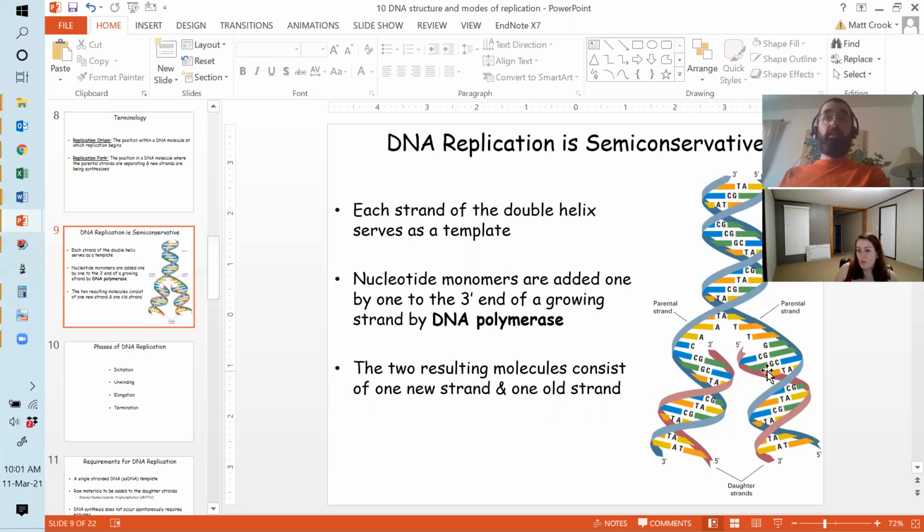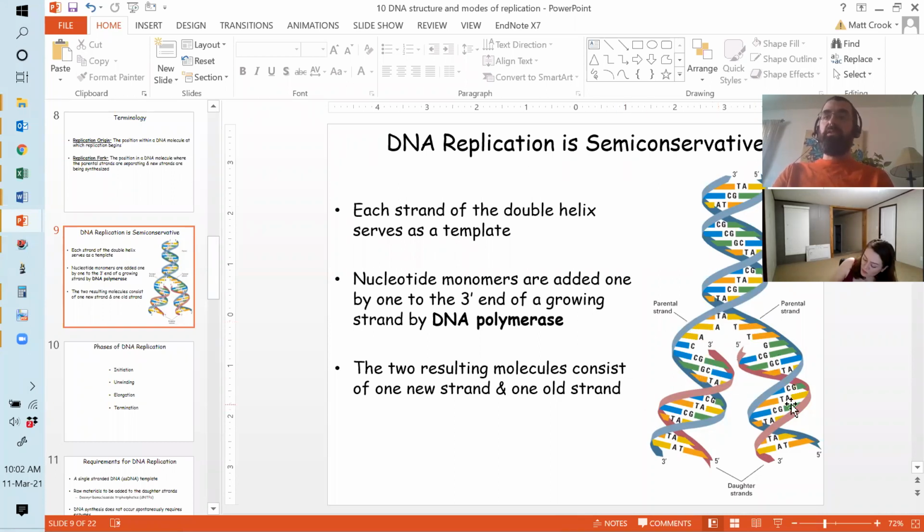This one is not, because the parent strand is going 5' to 3' up the page. So the newly synthesized strand has to go in the other direction, down the page. So this strand, this daughter, is being synthesized in the opposite direction to the replication fork movement.